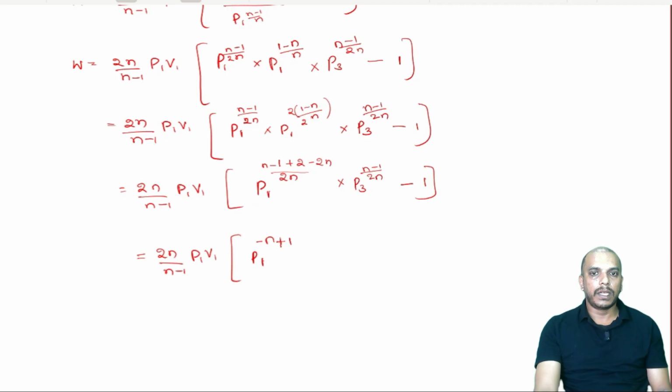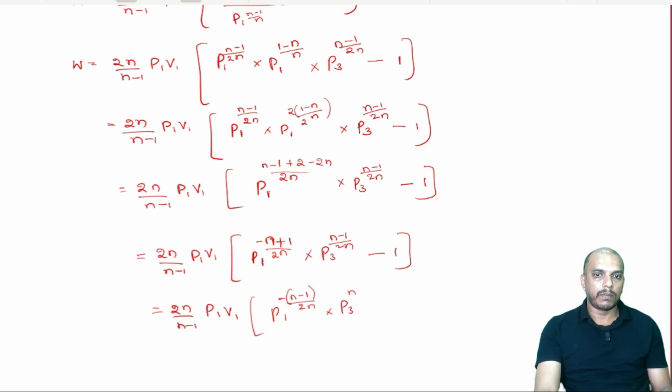So, minus 2n plus n is minus n, plus 2 minus 1 is plus 1, divided by 2n, into P3 power (n minus 1) by 2n. Now, we have got 2n by n minus 1 P1 V1. I will take this P1 power minus common, so I can write it like (n minus 1) by 2n, multiplied by P3 power (n minus 1) by 2n.